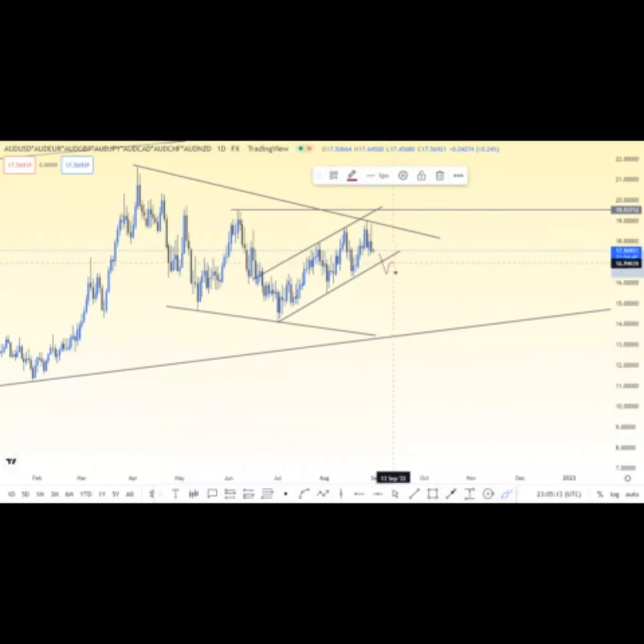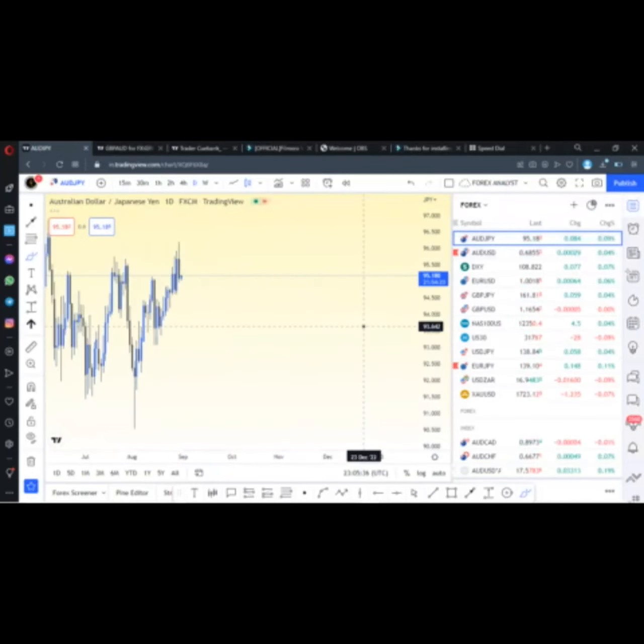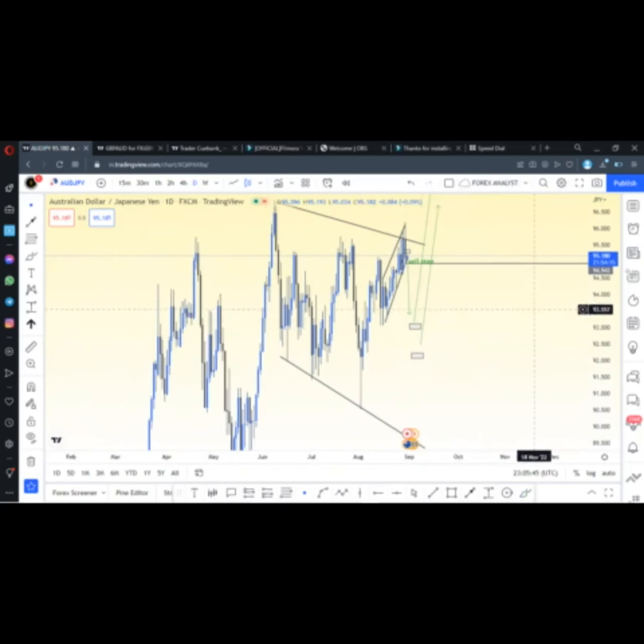So that's why the AUD JPY. We saw that the JPY is bullish and the AUD is bearish. So it gives you that clear indication. That's a nice divergence, right? When we look at the AUD JPY, it's giving us a clear indication of what might happen.